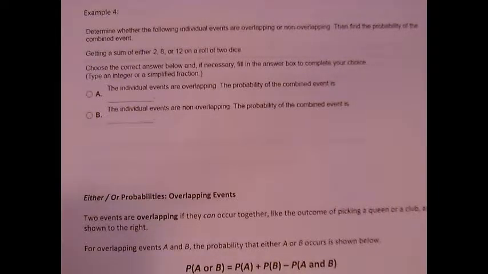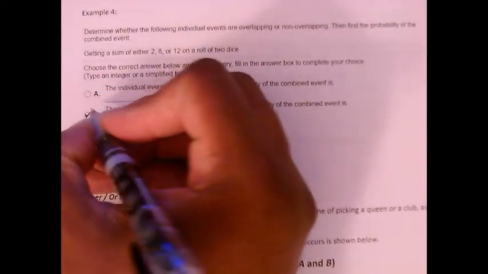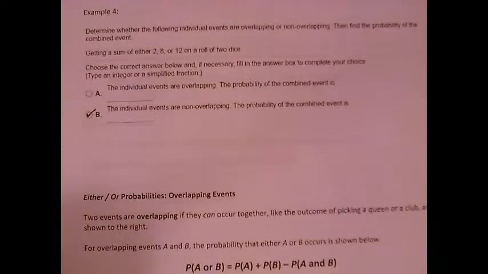So it's either getting a sum of either 2, 8, or 12 on a roll of 2 dice. And in this case here, those 2 events will be non-overlapping. Okay. And now we want to find the probability of that combined event.